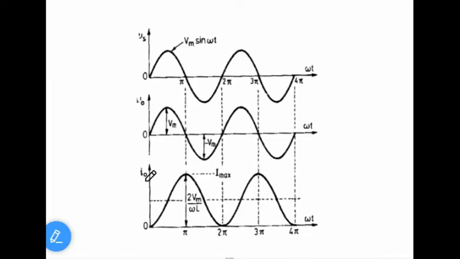If the current reaches the peak value, voltage across the inductor will be 0. During this period, the inductor will be storing that energy. In the second half cycle, the inductor will be delivering that energy back to the source, because we know that the inductor is an energy storage element. It can store the energy and deliver that energy. Even when the supply voltage enters negative, still energy is there in the inductor.